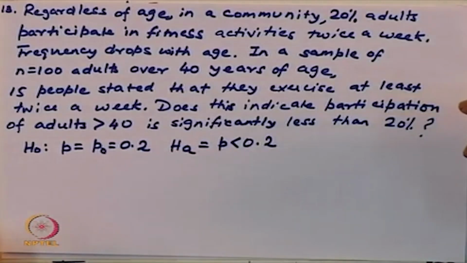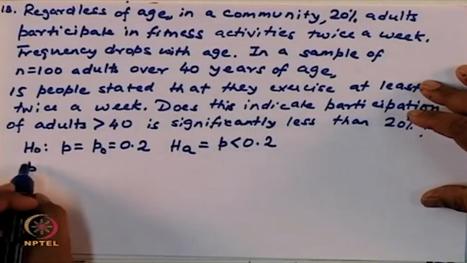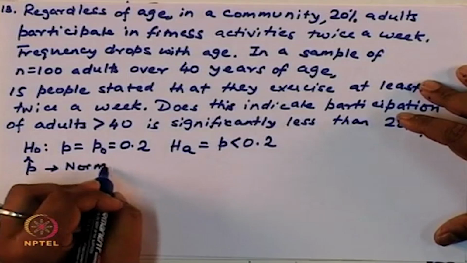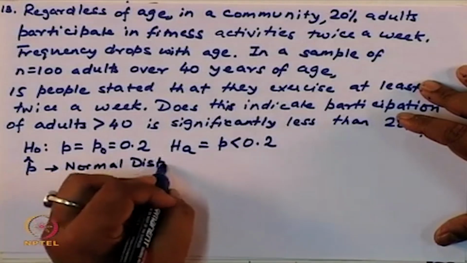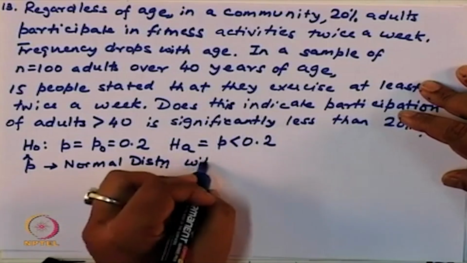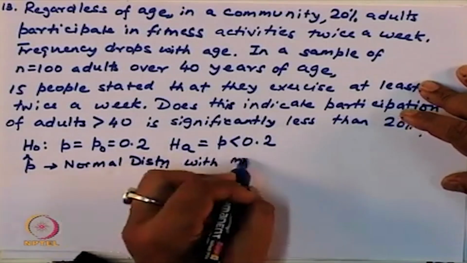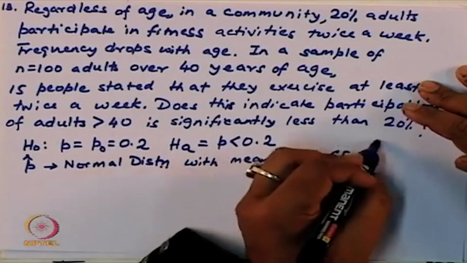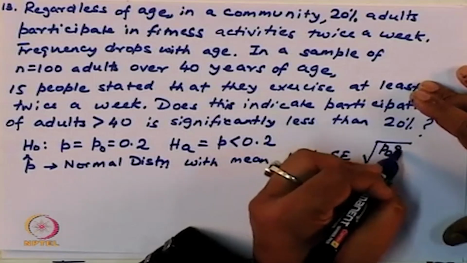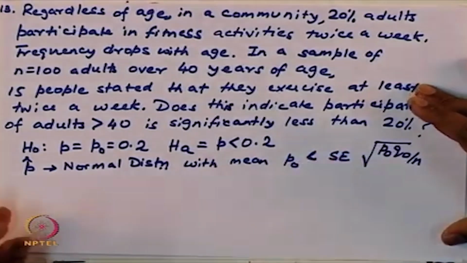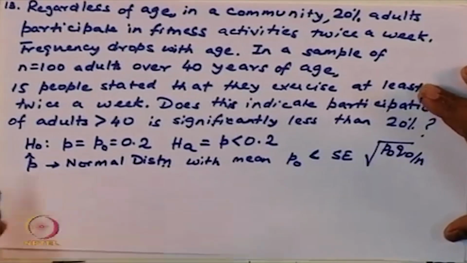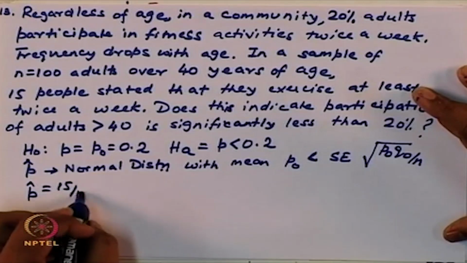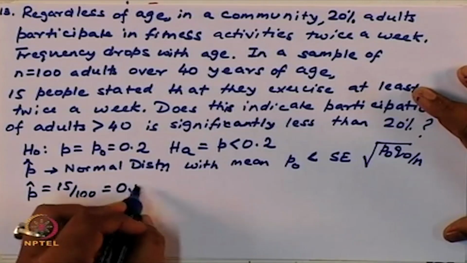Your proportion P hat, we know, follows a normal distribution with mean P naught and standard error root of P naught Q naught by n. But in your specific case, P hat is 15 out of 100, which is equal to 0.15.